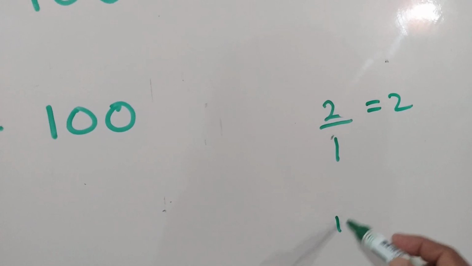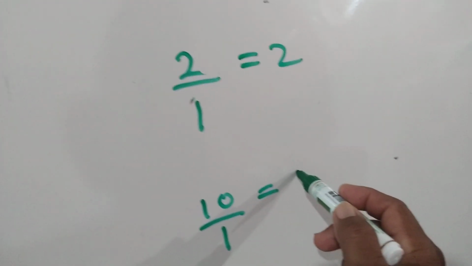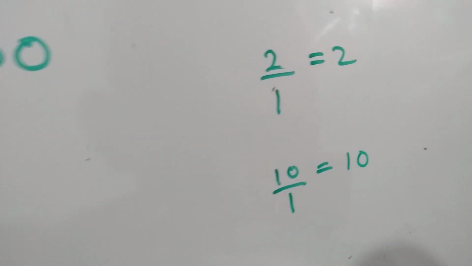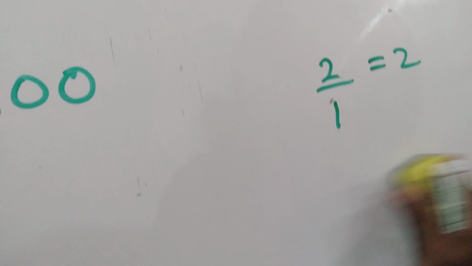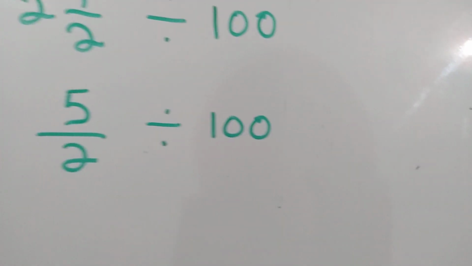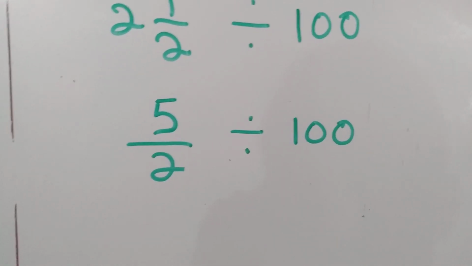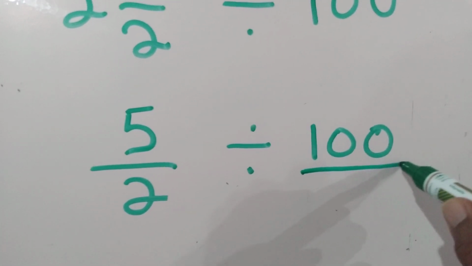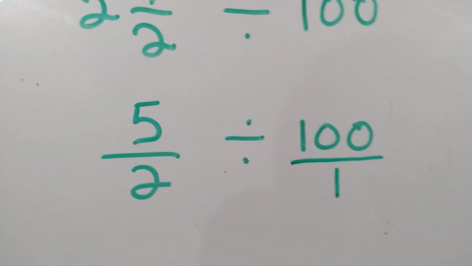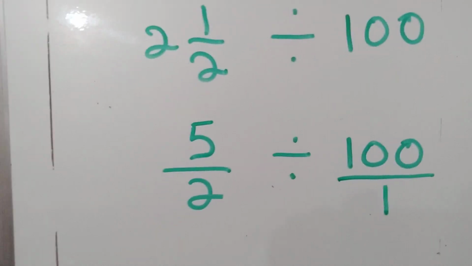If you take 10 things and you divide it over 1, you still end up with 10. So, in other words, we don't always have to write it unless we need to. That's a rule you have to remember. It's understood that when you divide by 100, especially when you're dealing with fractions, now you're going to need to write that part that is understood. So, it is understood that 100 is written as 100 over 1.